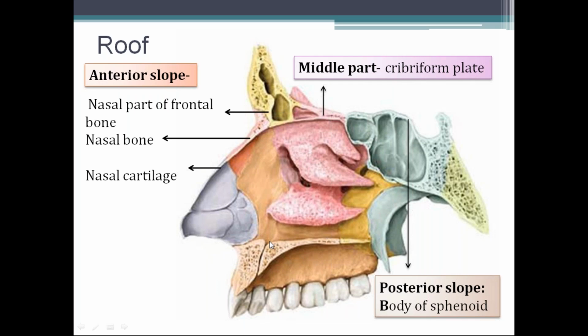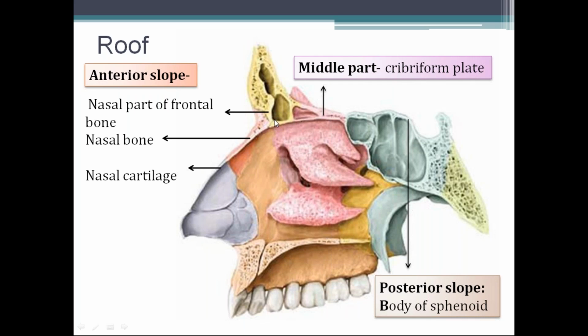Now the roof is formed by, see, this is the roof of the nasal cavity. The roof is not straight. Anteriorly it slopes downward and forward, the middle part is horizontal, and posteriorly it slopes downwards and backwards. The anterior slope of the roof is formed by the nasal spine of the frontal bone, then the nasal bone and nasal cartilage.